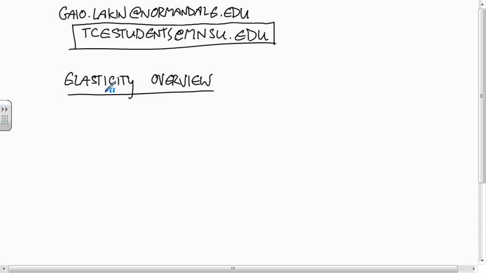So elasticity is a relationship between load and deformation. Our measure of load that we're going to use the whole time is stress. And stress is in a mathematical class of objects called tensors.